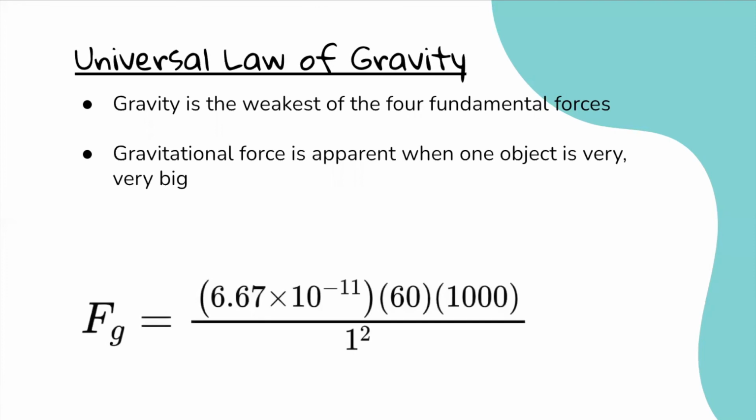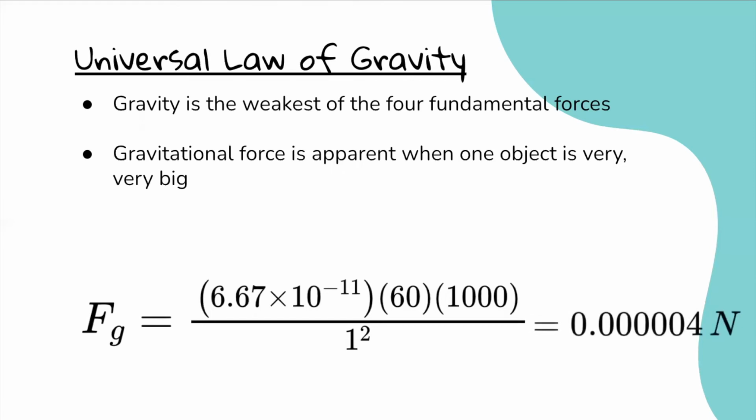Let's say I take a 60-kilogram person attracted to a 1,000-kilogram car. The person and the car have a center of mass that's 1 meter apart. But see how small that 6.67 times 10 to the negative 11 is? That means in our universe, these two masses barely attract each other.